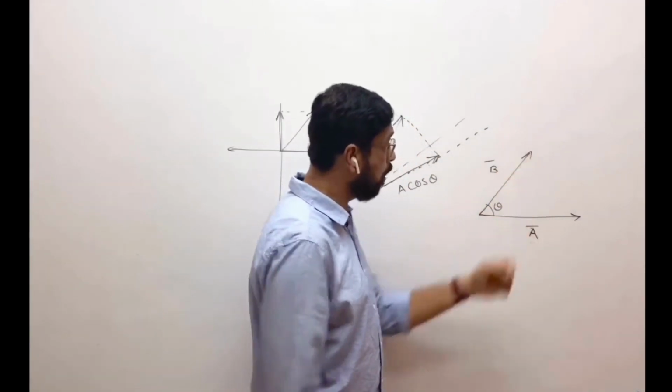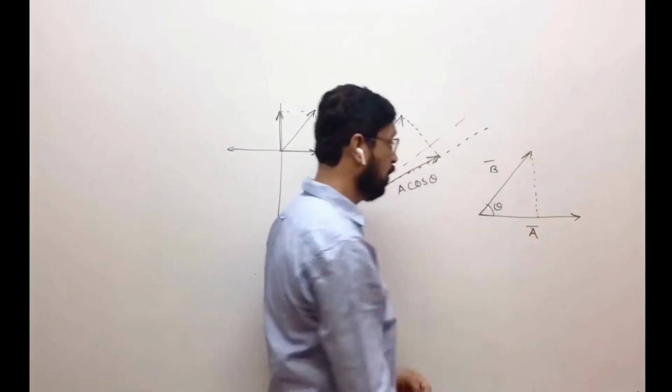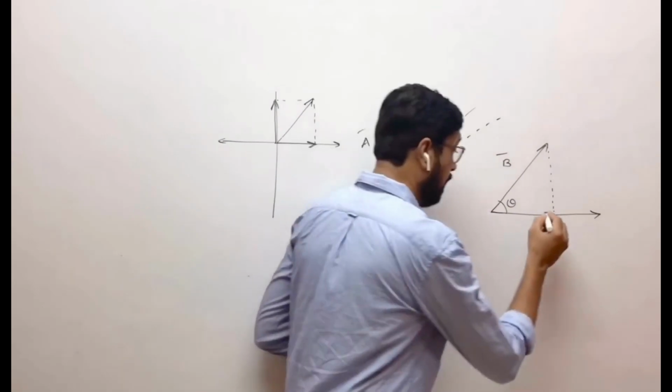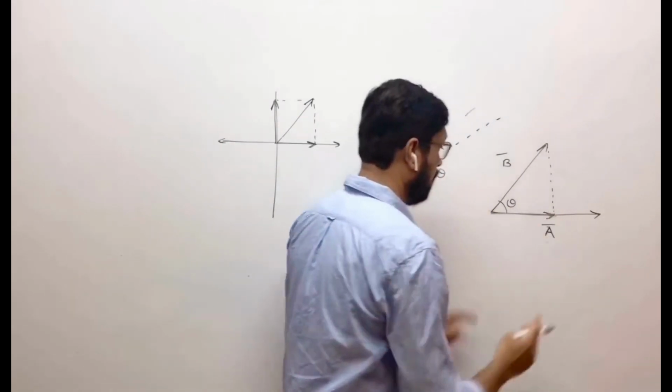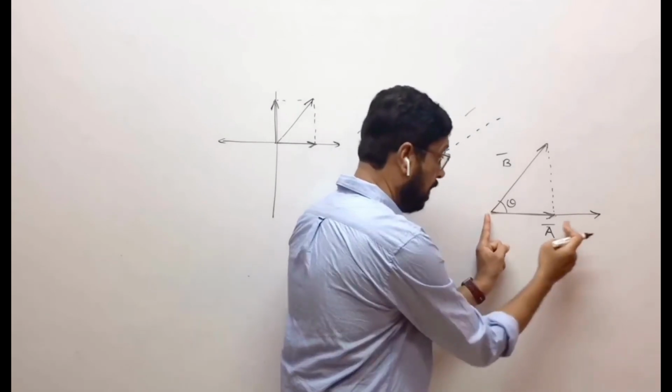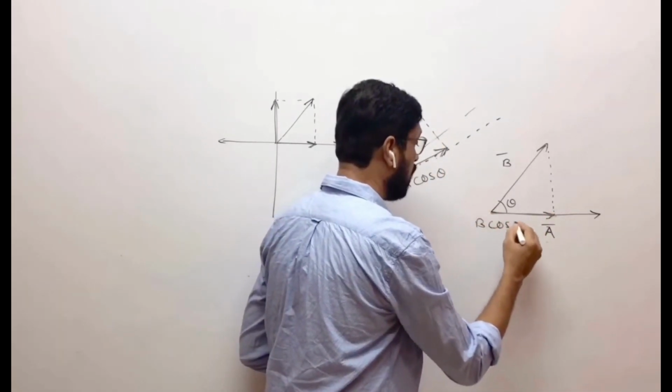From the head of the B, if you drop a perpendicular on vector A, then what is this vector? ये तो है वेक्टर A. ये वेक्टर क्या है? This is B cos theta.